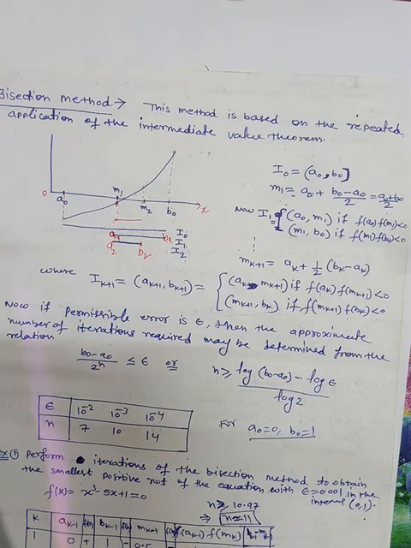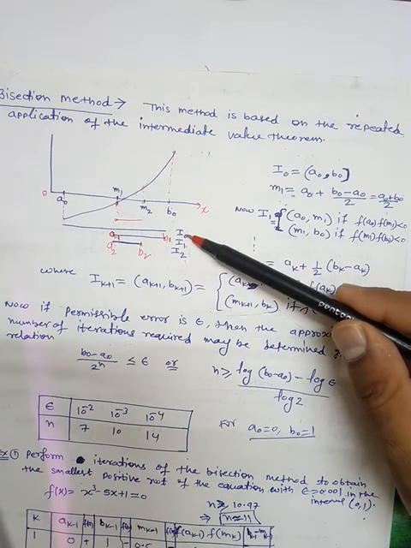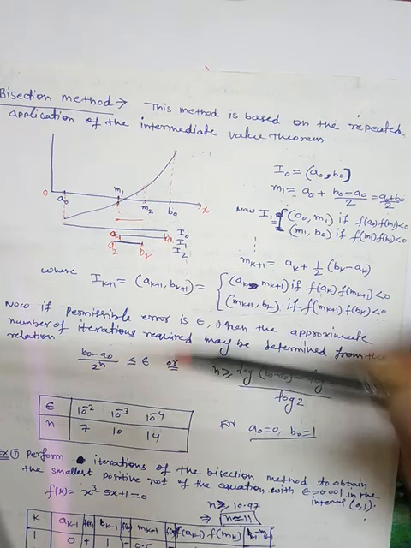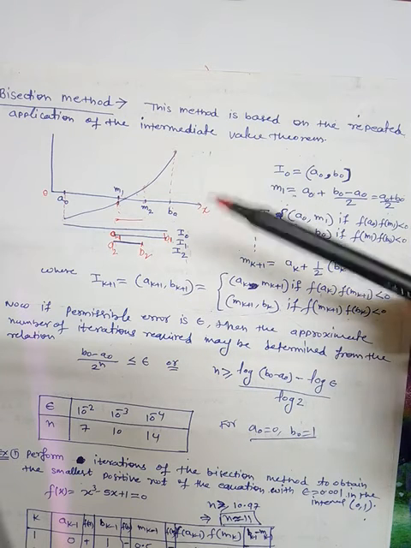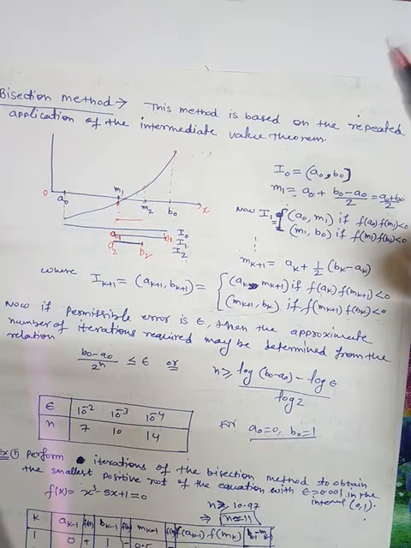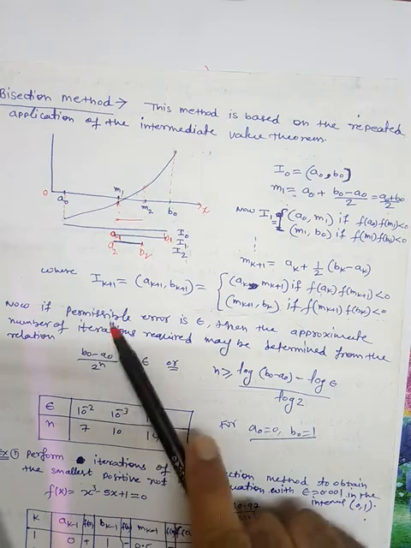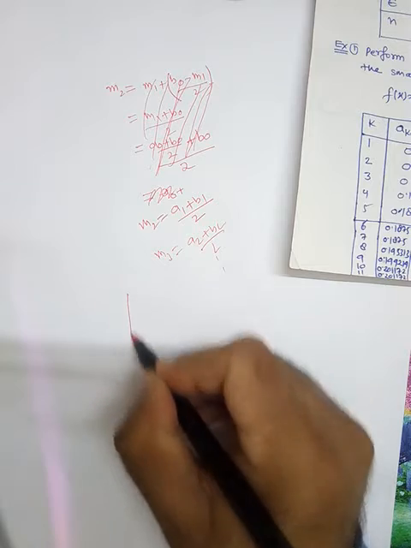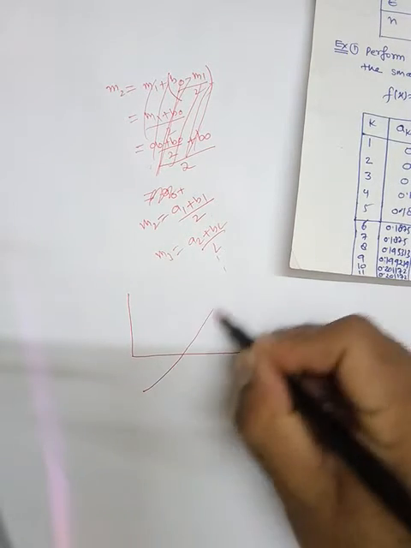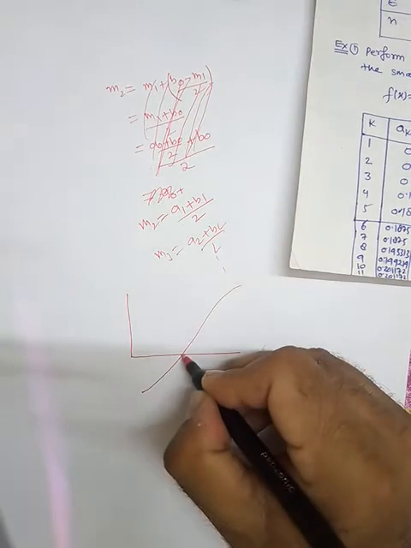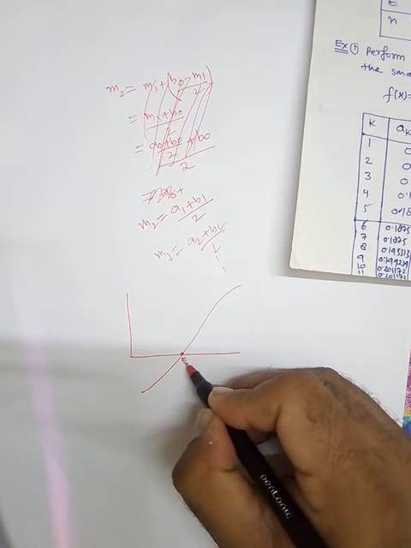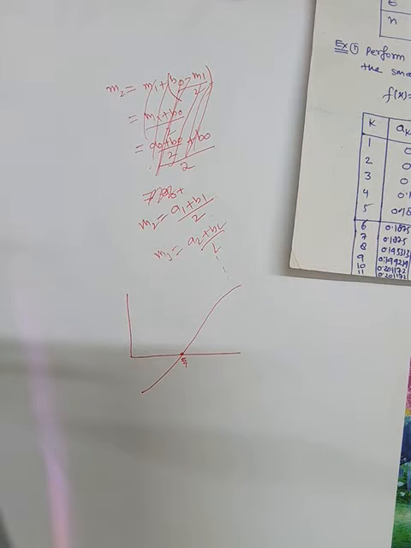Now how to stop? Because you are regularly shrinking or bisecting the interval I0, I1, I2, I3, I4 and so on, where do we have to stop? This is the problem. Now if the permissible error is epsilon, what does error mean? Suppose this is the true root xi, and we are trying to find out the root.